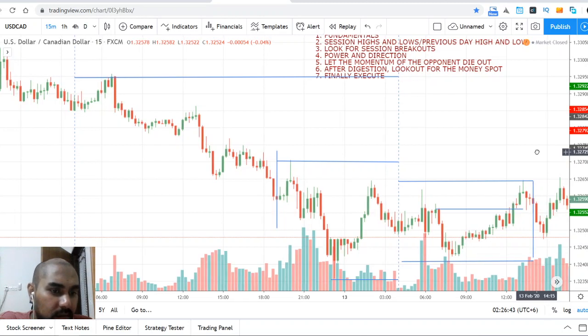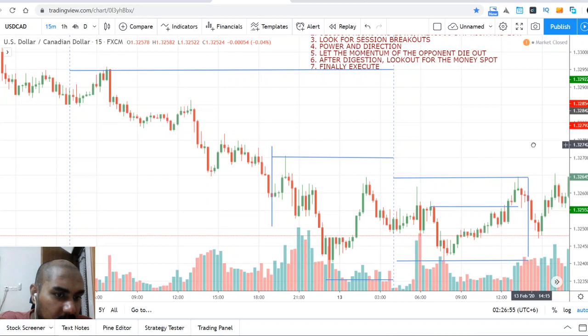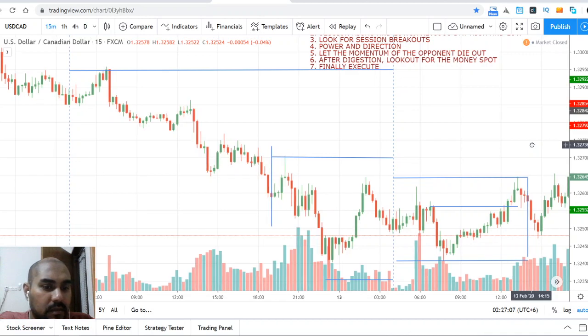Next candle. Okay, seems like they're starting to form a range over here. Next candle. Okay, big move. Big candle came in, so the buyers now have power.